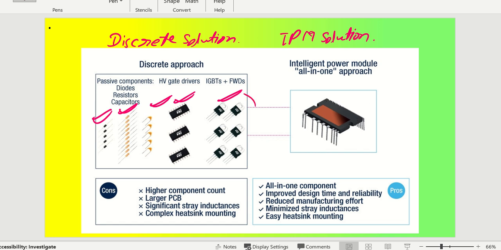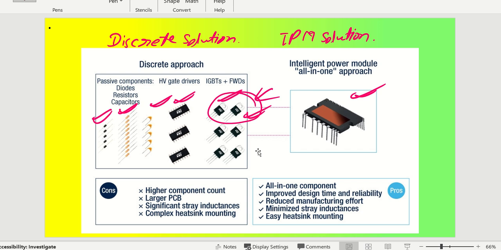However, discrete IGBTs have a lot of advantage because we have the independence of choosing the voltage ratings and current ratings, and they have better power dissipation capabilities compared to the IPMs. Okay, so IPMs cannot have that much power dissipation. That's the reason they are utilized for low end applications, let us say 1 kilowatt or 2 kilowatt applications and all, right?